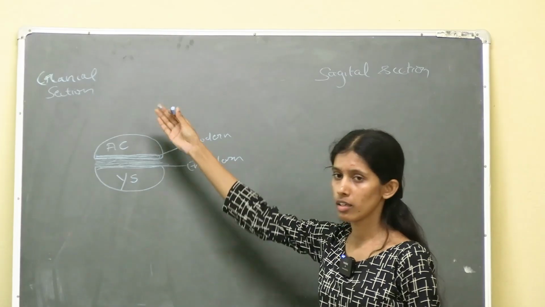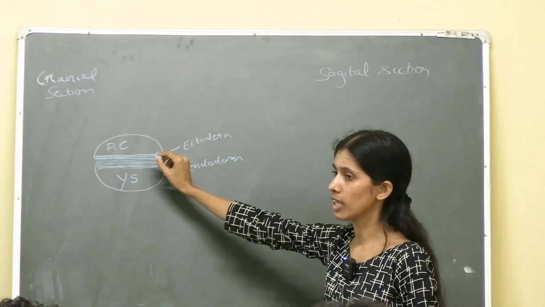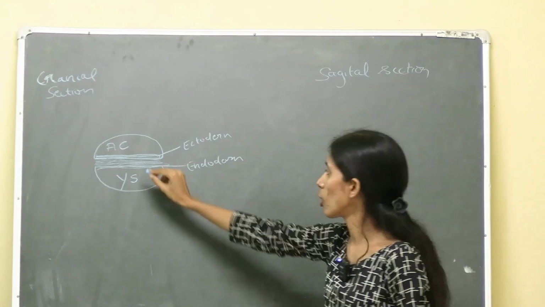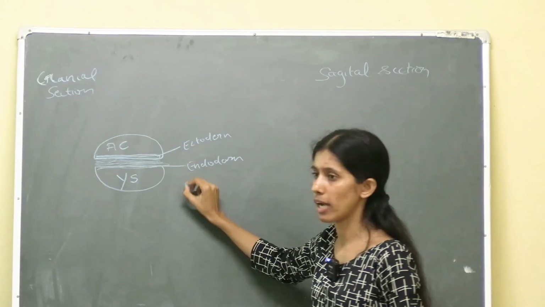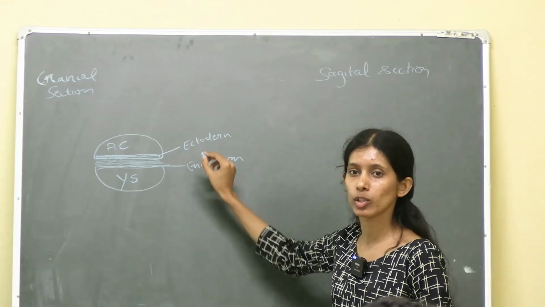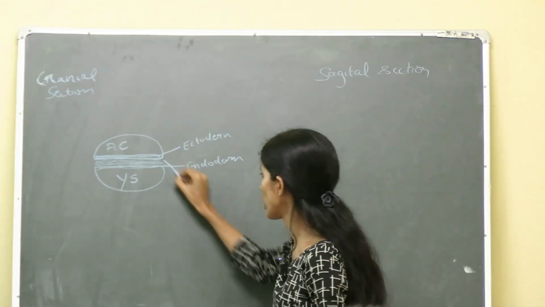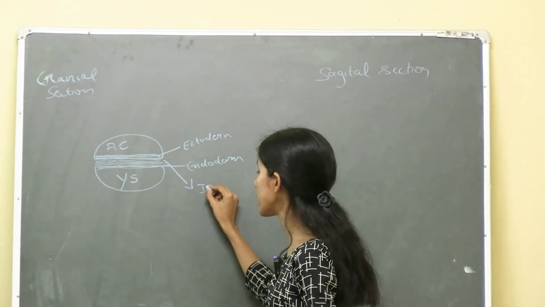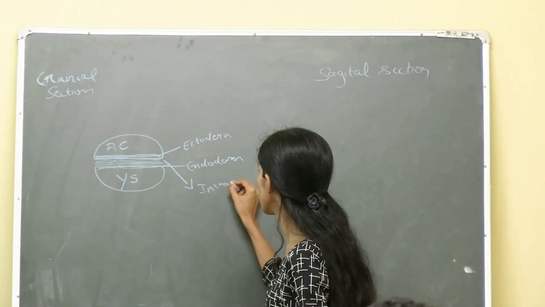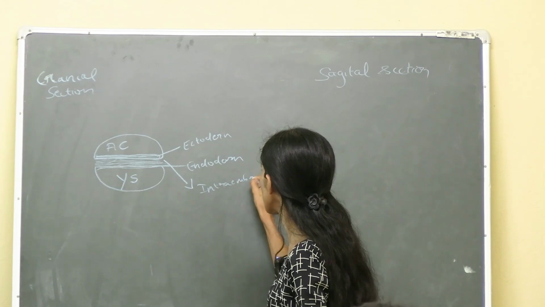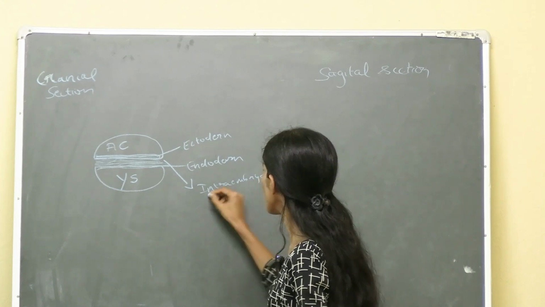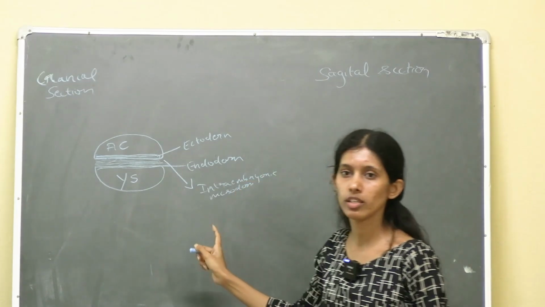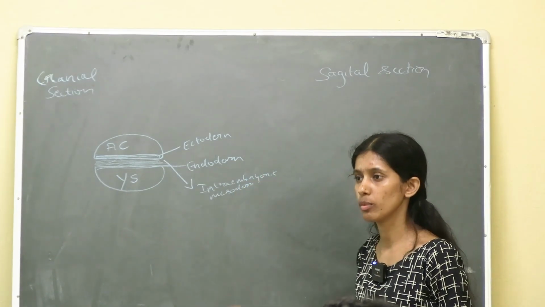On the above part we can see the amniotic cavity and below we have the yolk sac. Also we can see the ectoderm and endoderm. Between the ectoderm and endoderm we have one more important structure, that is the intermediate or intra-embryonic mesoderm. Okay. This is your intra-embryonic mesoderm.